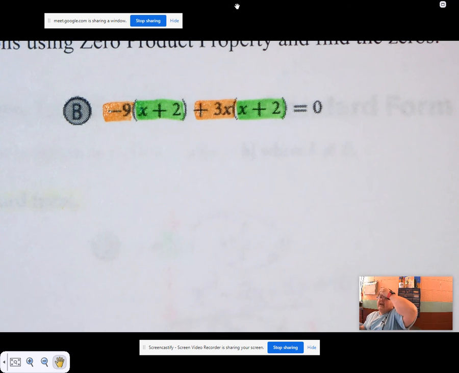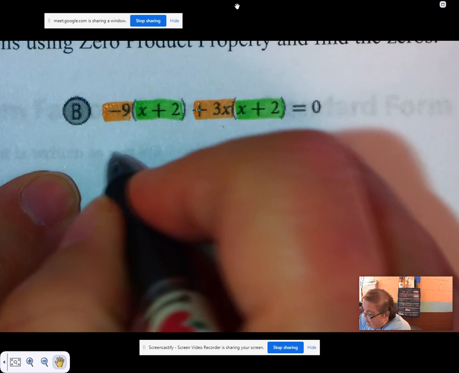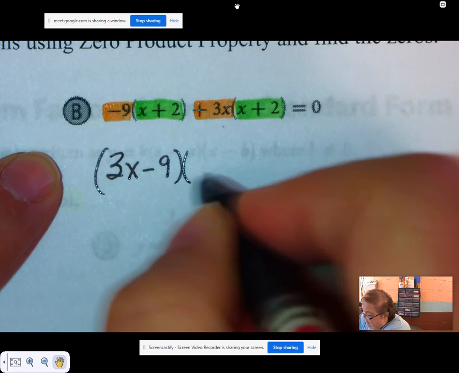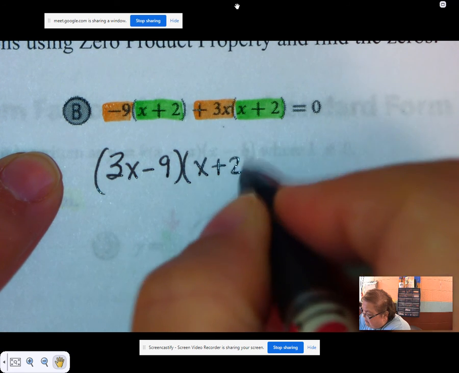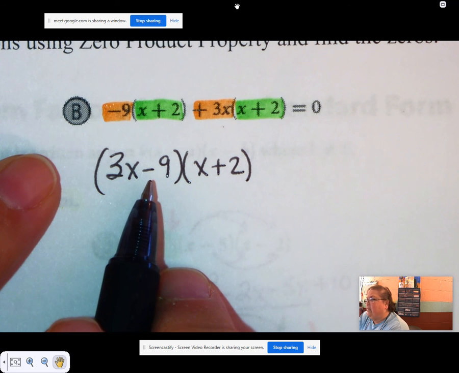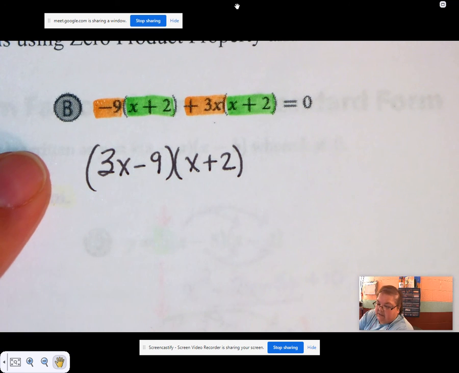Now, when I write these, I am going to write my variable term first because that's the way we usually write them. So 3x and -9, x plus 2. If you write -9 plus 3x, that's fine, but make sure that you know which one's the coefficient and which one is the constant. I just prefer to write them that way.